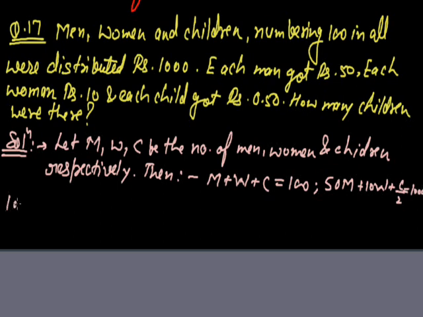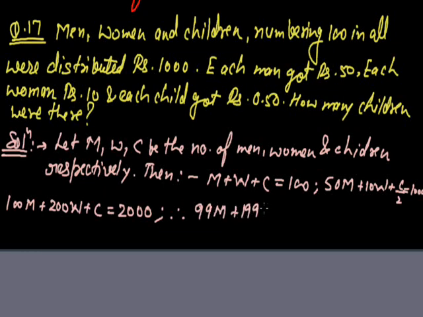From here we can say that 100M plus 200W plus C is equal to 2000 by taking the LCM as 2 of denominators. So we can say that 99M plus 199W is equal to 1900.